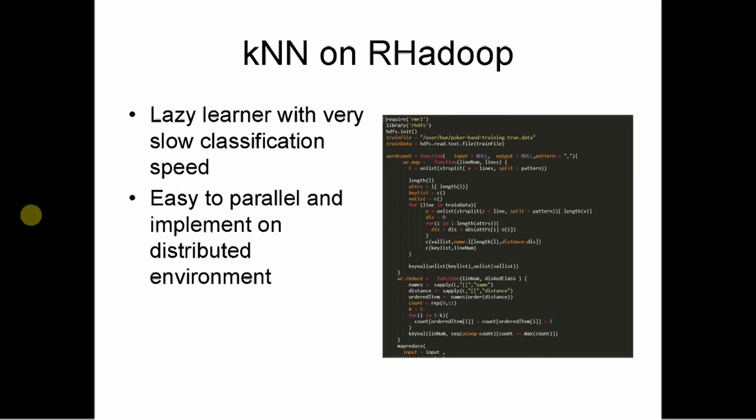Here's the sample code of my KNN on MapReduce. Why I use KNN on Hadoop is that KNN is a lazy learner with very slow classification speed. And the process of KNN is very easy to parallelize and to implement in a distributed environment.